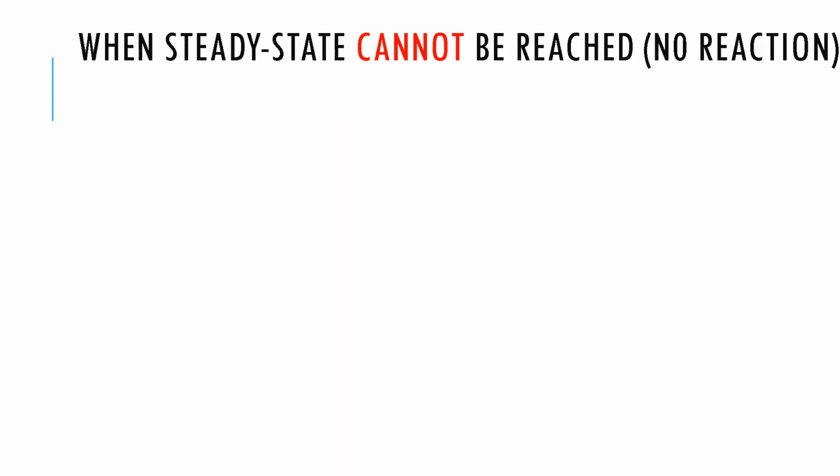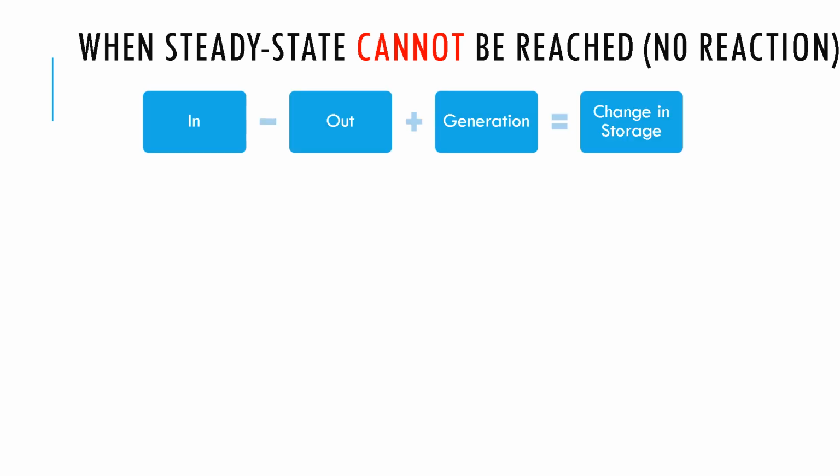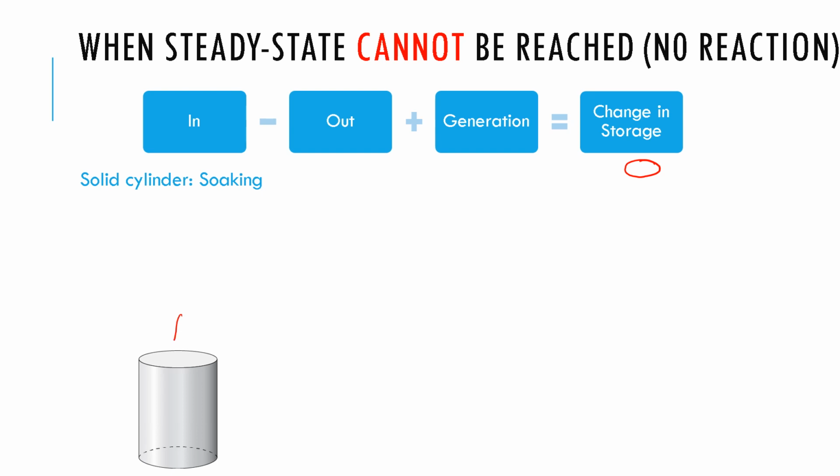Now let's look again qualitatively at two situations when steady state cannot be reached. In other words, it's going to be impossible to satisfy this equation with the right hand side equal to 0. So first consider a simple soaking process where some fluid is constantly coming in.